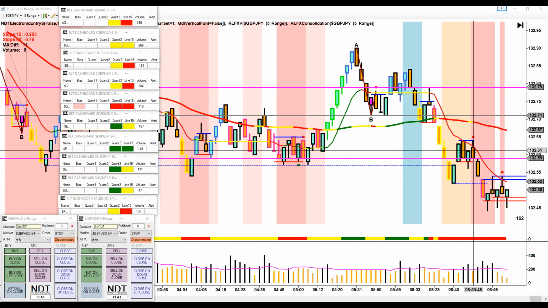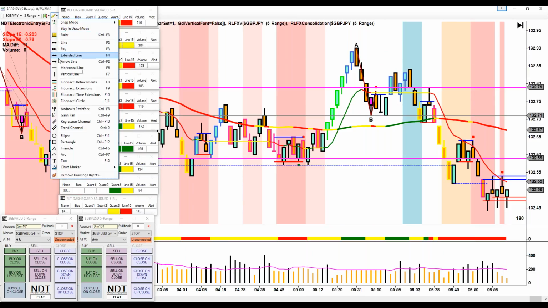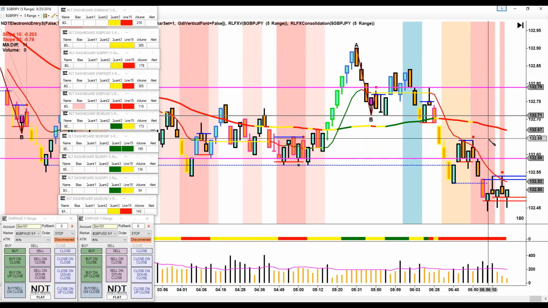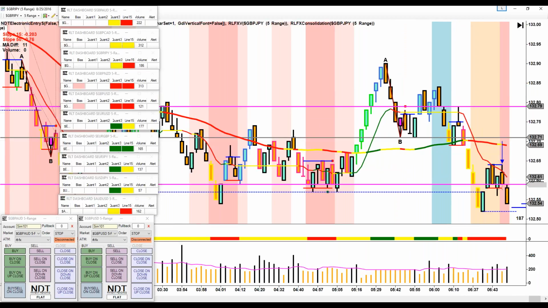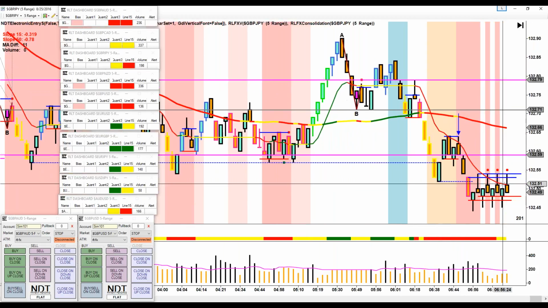And here's the signal right there. Let me see if that goes into market profile. That may go into market profile as well. It does. So you'd have to stand off that signal.